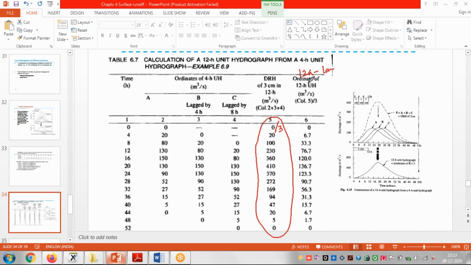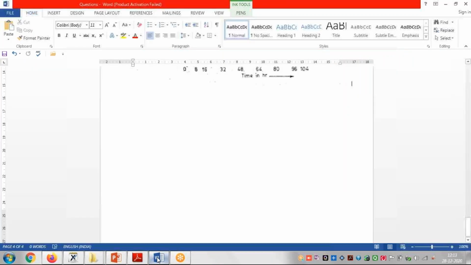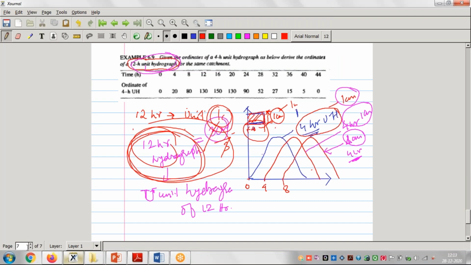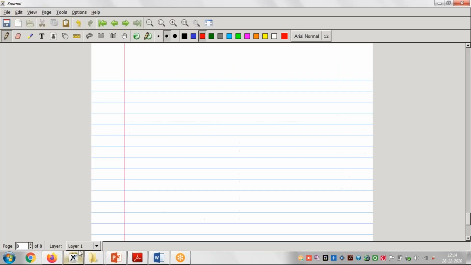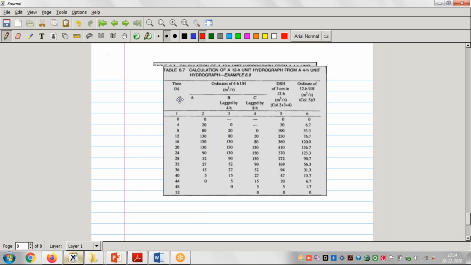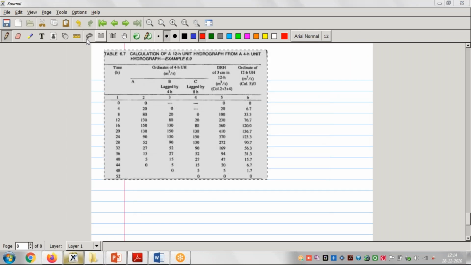Now, for example, once I got this, now I will draw this graph on the graph paper.